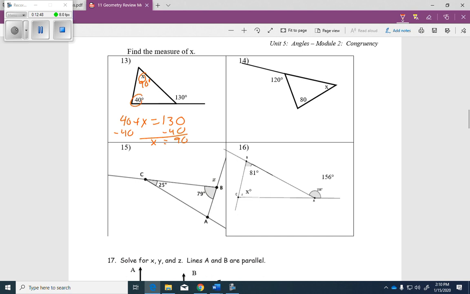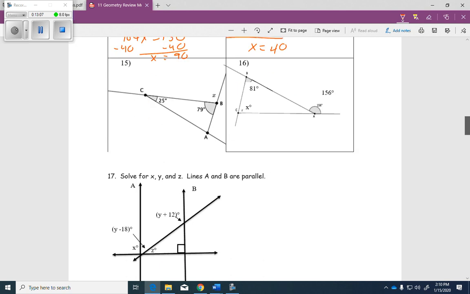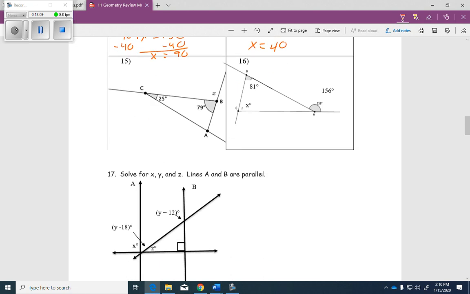I'm going to use the same fact on number 14. The sum of the two interior angles equals the exterior. So I get that it's 40 degrees. On number 15, it's easier than what you think. Don't get tricked by extra information.